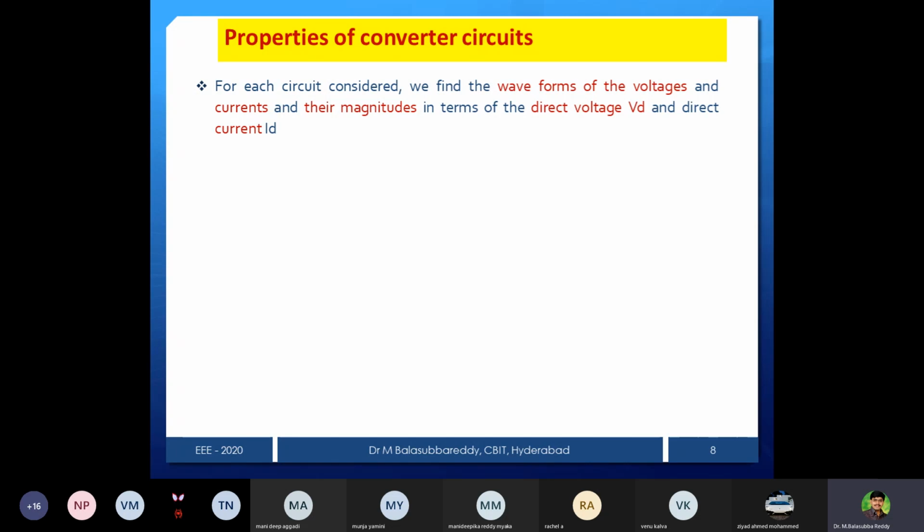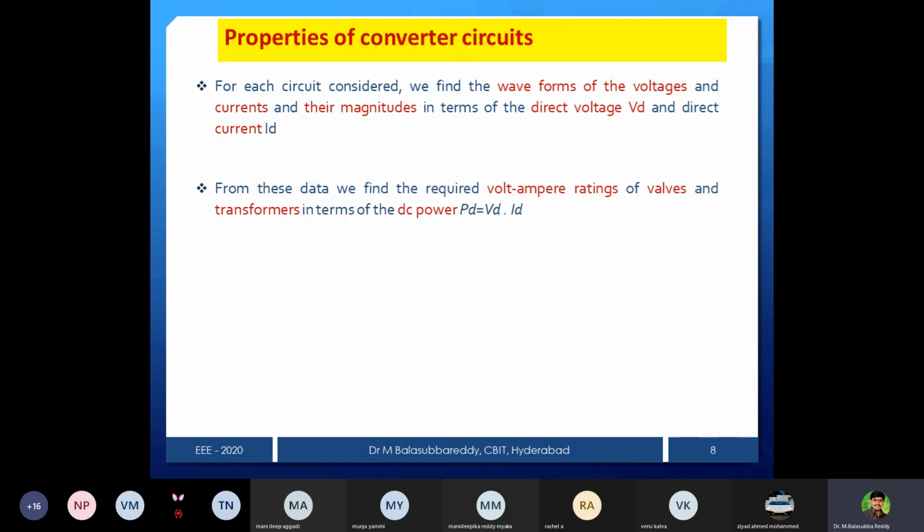Another topic is the properties of a converter circuit. Here you can see the waveforms of the voltage and currents and their magnitudes, that is the DC voltage and DC current. From these data, you can find the required volt ampere rating of a valve and transformers.